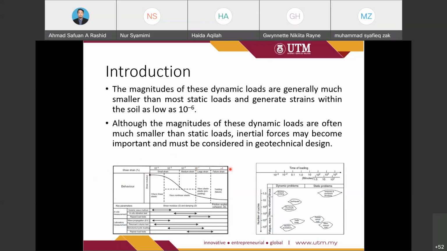For example, for a normal type of static behavior or static load, under the failure strain, the failure strain value is around 1 or greater than 1.